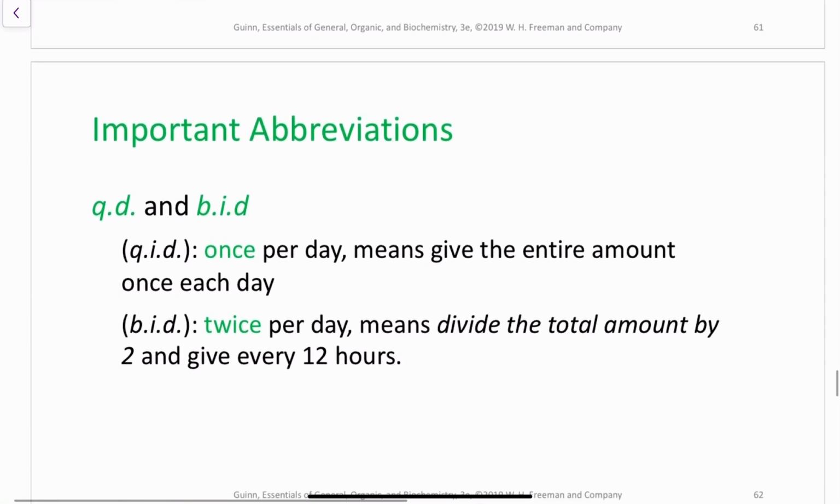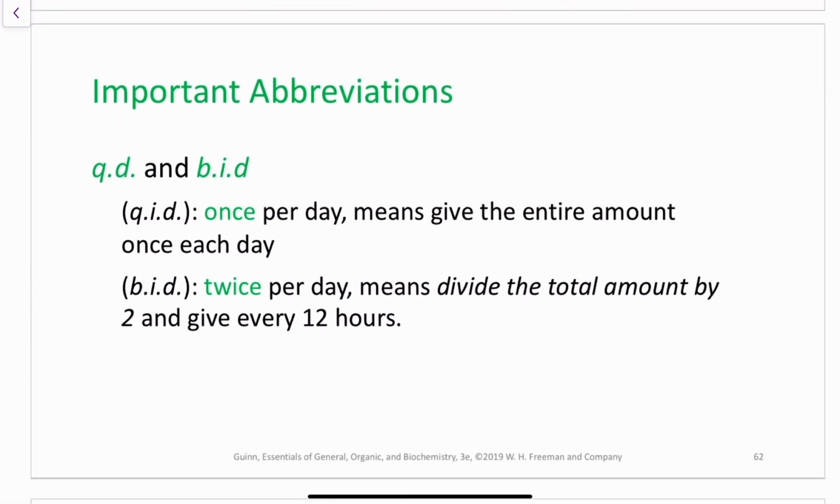Right? So there are some important abbreviations that we might see in dose calculation: QD and BID. QD is a dose once per day. It means you have to give the entire amount of the dose each day. BID means you have to give the dose twice per day.